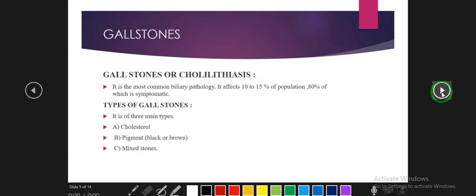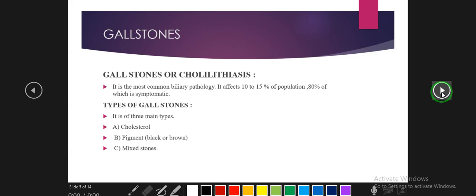These are the 3 functions of the gallbladder. The most common biliary pathology is gallstones, cholelithiasis, and inflammation is cholecystitis. It affects 10 to 15% of the population, 80% of which is symptomatic.